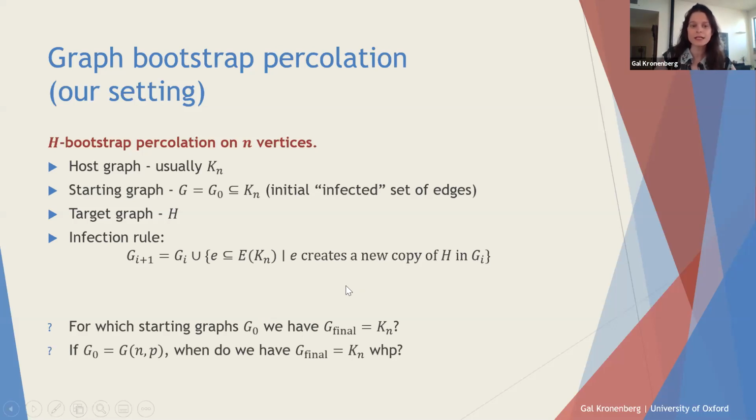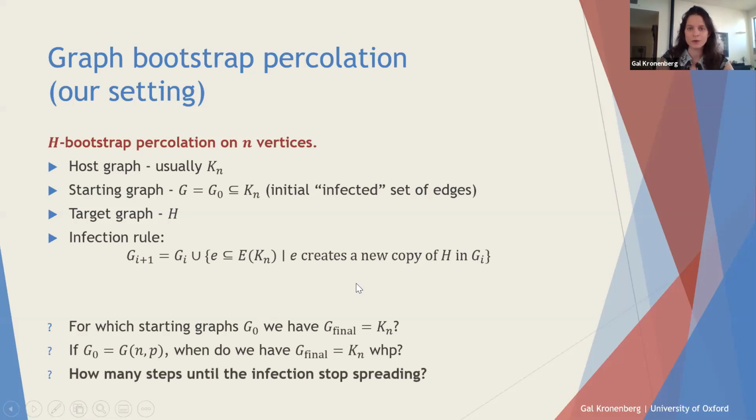And once again, the question that I want to focus on today is, when will this process stop? How many steps will it take until the infection stops spreading, until we cannot infect new edges according to this specific rule?